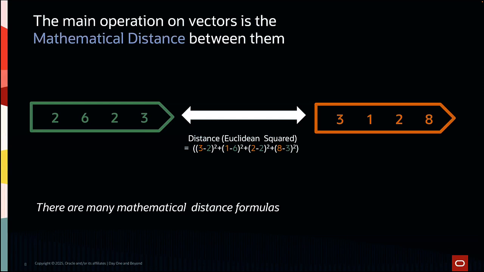But Oracle supports any number of these distance metrics: cosine similarity, which is the most common one, Euclidean, Euclidean squared, dot product, Hamming, Jaccard, you name it. And most recently, we've also introduced the ability to write and roll your own distance metrics.